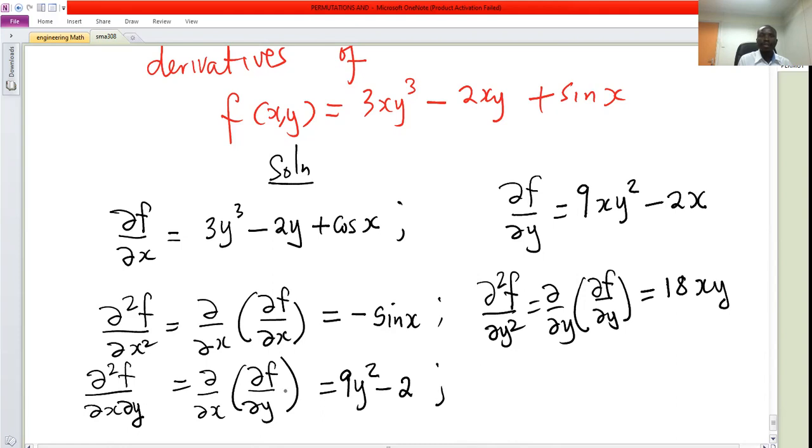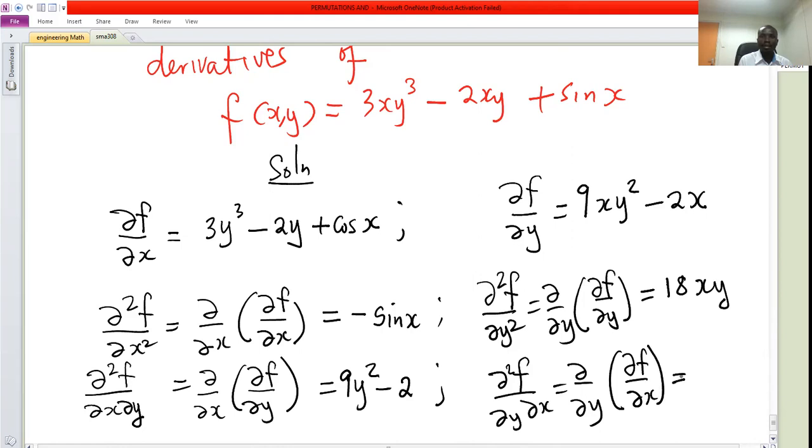And then if we reverse the order, we say partial squared f partial y partial x, the same as partial y of partial f partial x. So this one here, you differentiate with respect to y now. So this will give us 9y squared. This one will give us minus 2, but this other part is 0 because there's no y here.